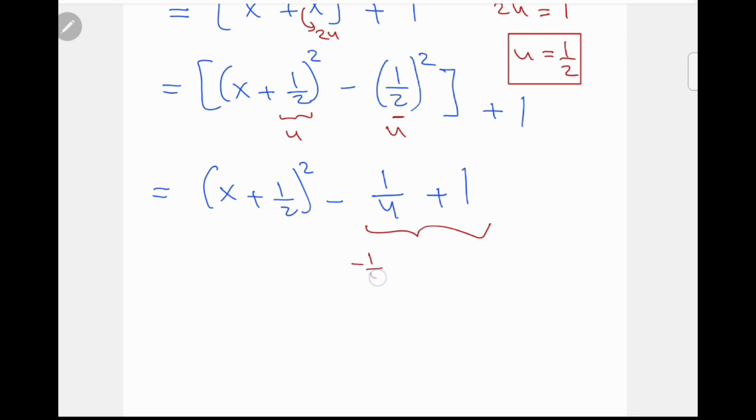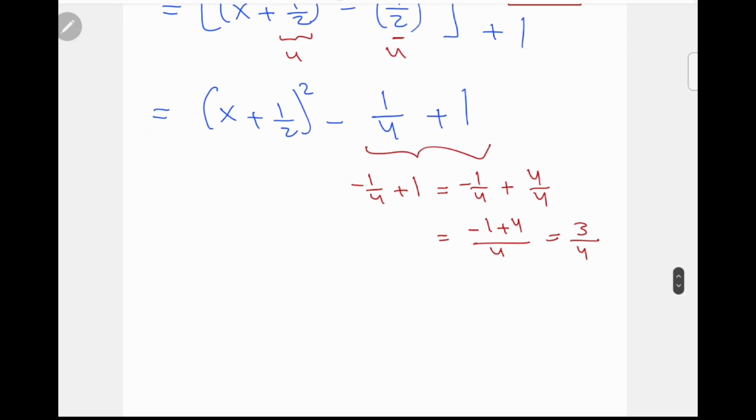Minus 1 over 4 plus 1. What we can do is use a common denominator, 4 over 4, and that will be minus 1 plus 4 divided by 4, which is 3 over 4. So in this case, the answer will be x plus 1/2 squared plus 3 over 4.